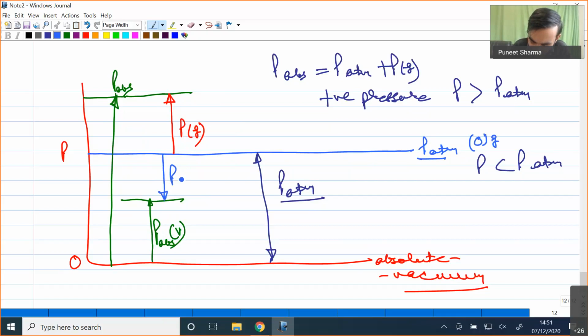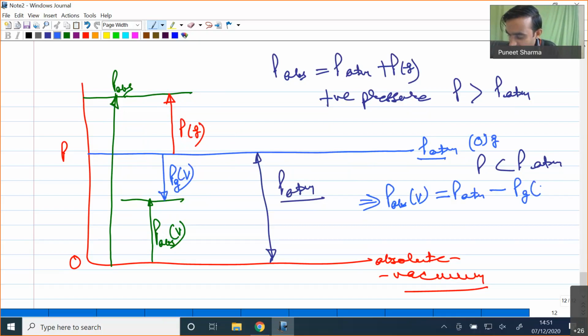So this will be my gauge pressure in vacuum. Relating it to atmospheric and absolute pressure, you will find that P absolute in vacuum is equal to P atmospheric minus P gauge in vacuum. Is this point clear?